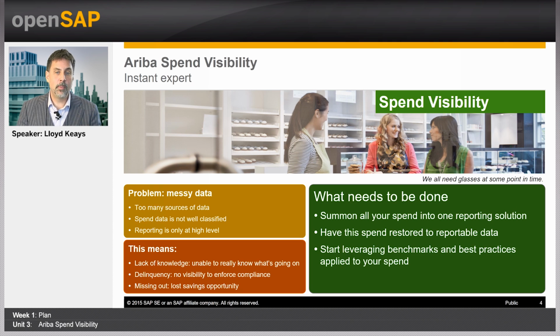Then we can add benchmark data to help the client run reports, understand their spend, have a sourcing pipeline, know which suppliers are duplicates, or which ones should have e-catalogs, or even calculate how much cost is caused in accounts payable because of paper invoices.